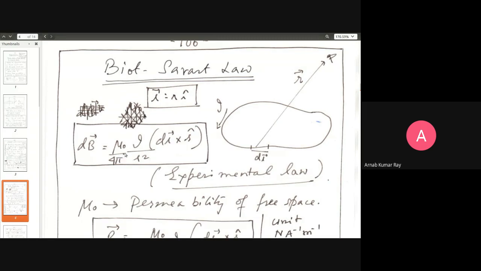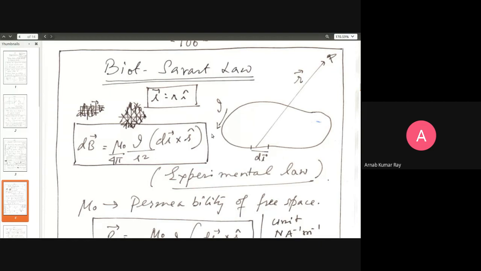Now the magnetic field over here due to this small line segment dl will be dB. dB will be equal to mu naught by 4 pi r squared into I dl cross r cap. Let us now try to understand this formula. It's just a mathematically expressed form of the Biot-Savart law, which is an experimental law.